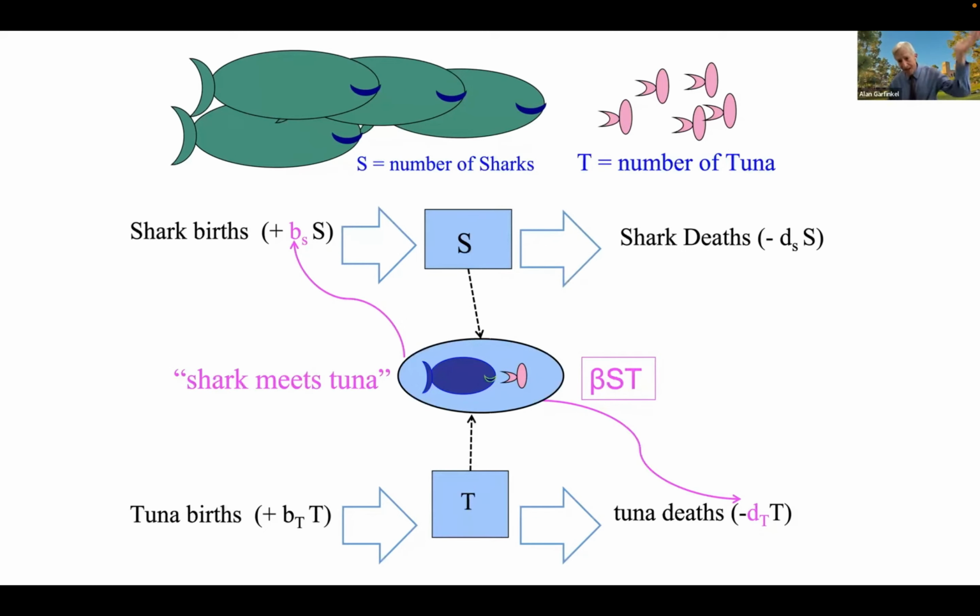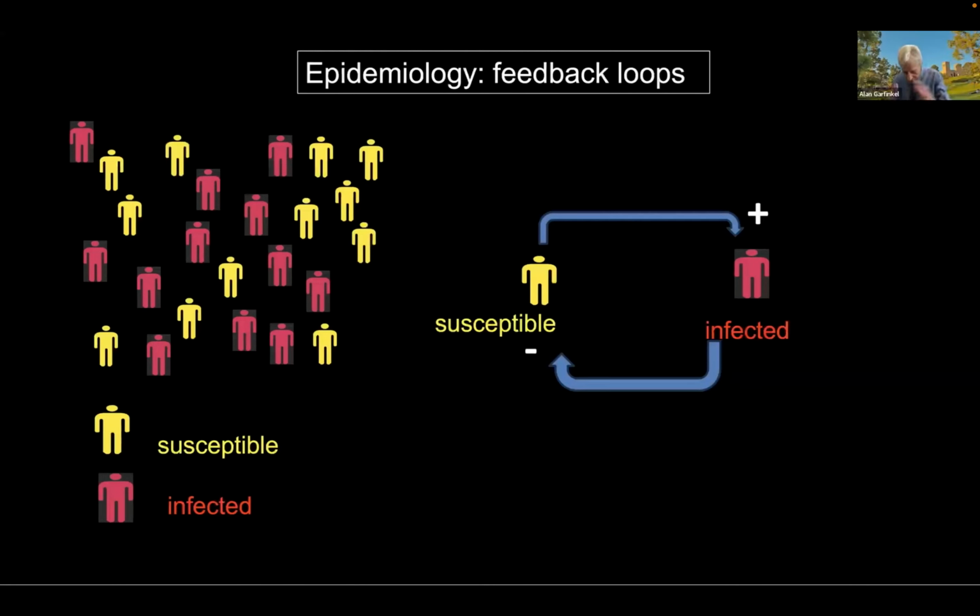So this is ecology. Let's cut to a completely different subject. Let's talk about epidemiology, which has been in the news a little bit. What's the story in epidemiology? Well, we have two kinds of people, tuna and sharks. We have infected people, who are the sharks, and we have susceptible people, who are the tuna.